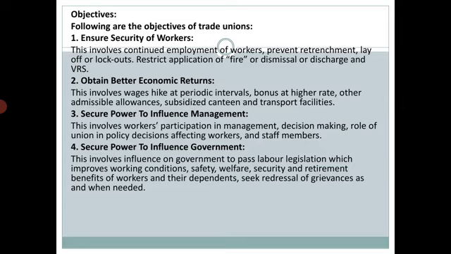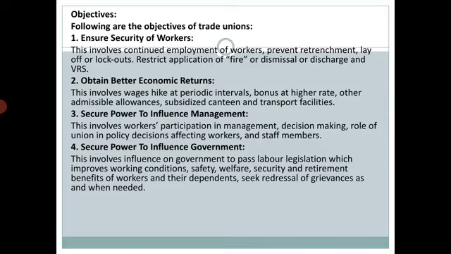So the four important objectives why trade unions are formed: first is to ensure security of workers, to obtain better economic returns, to secure power to influence the management, and to secure power to influence the government.